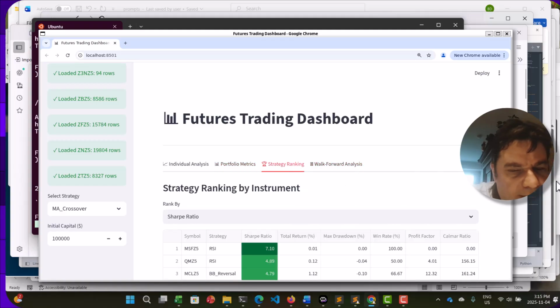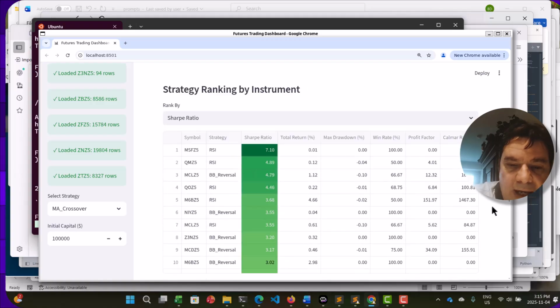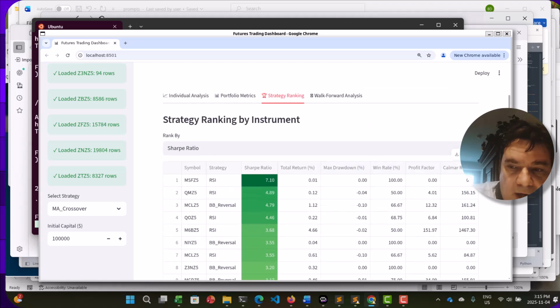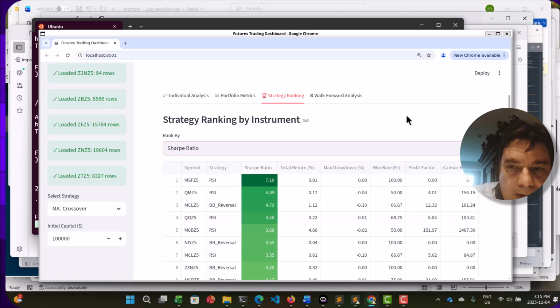Now, based upon that strategy, the MA crossover, you can see here we can set the ranking for all our best performing instruments. We can sort it by the following, if I can get that pulled down to work: total return, profit factor, and win ratio.